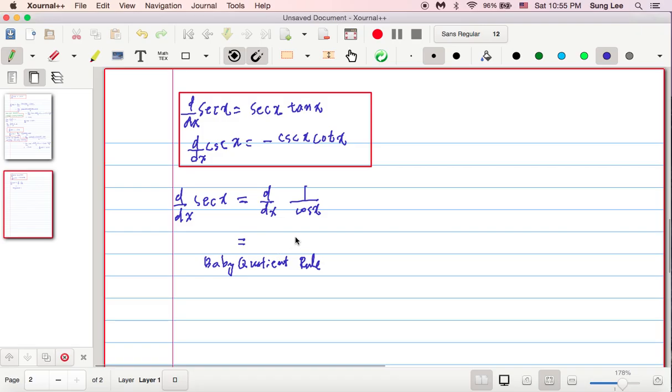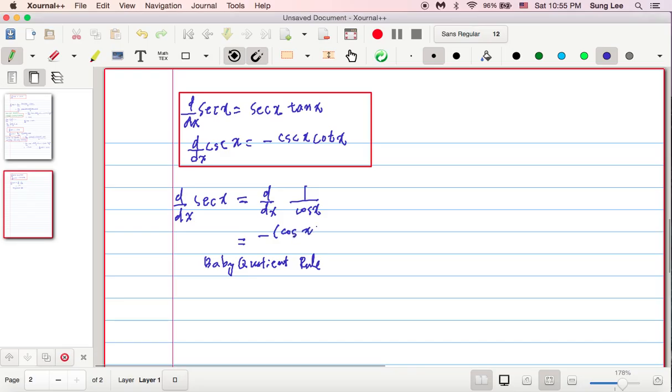That's going to be negative, negative sine of x, right? So that's it.